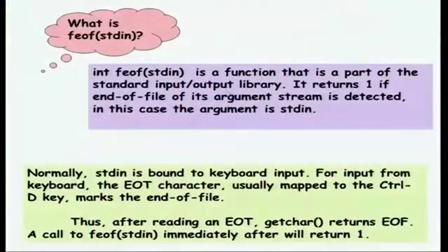So, stdin means that I am using the standard input, which is the keyboard input. So, if an end of file has been entered via the keyboard, then feof stdin will return 1. Okay. So, stdin is usually the keyboard input, and if the user enters the control D character, then feof will say 1, because end of file has been entered.